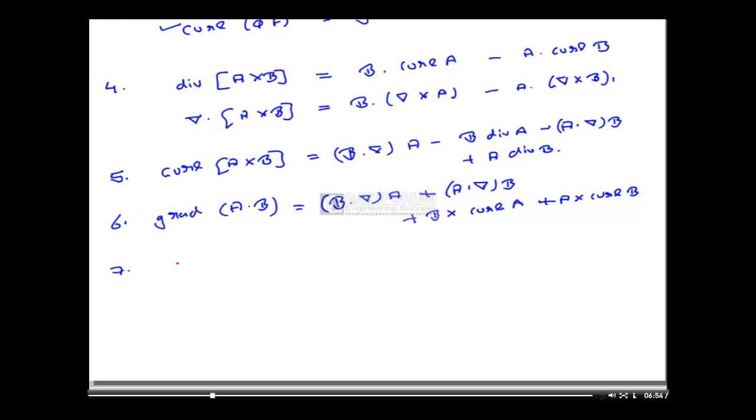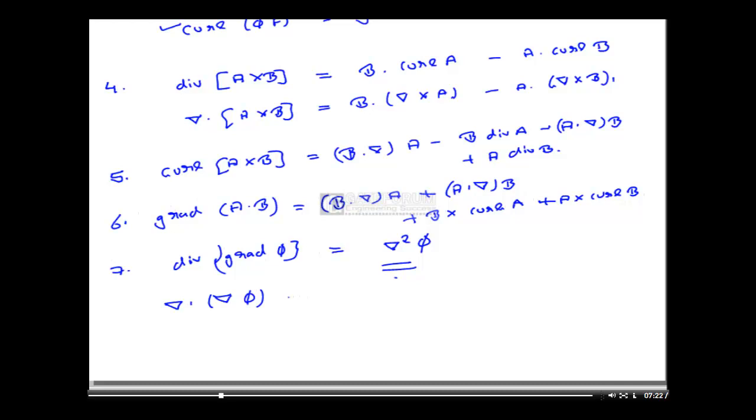Seventh one: divergence of the gradient of a scalar function phi is equal to del square phi. See, this is nothing but del dot del phi.